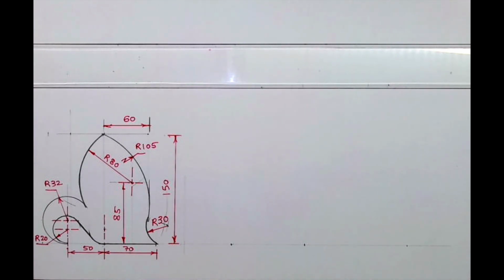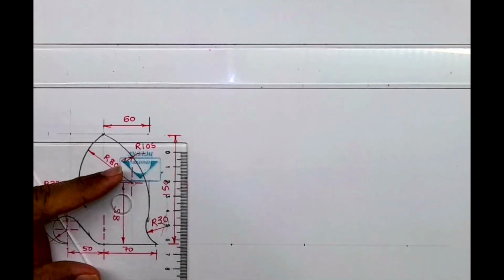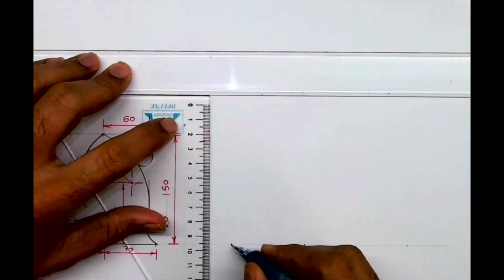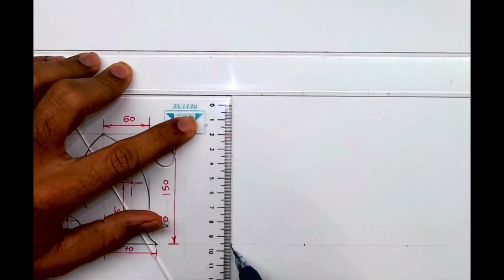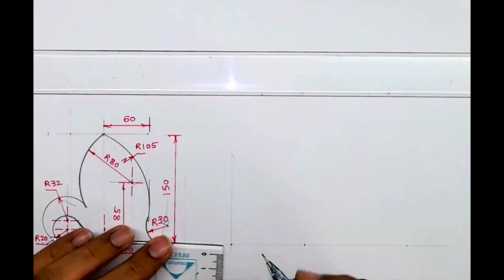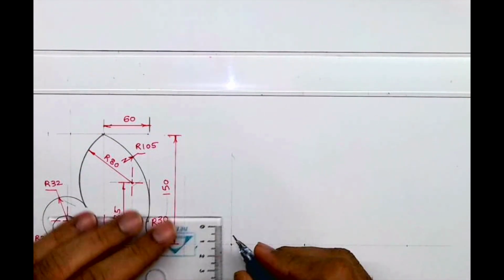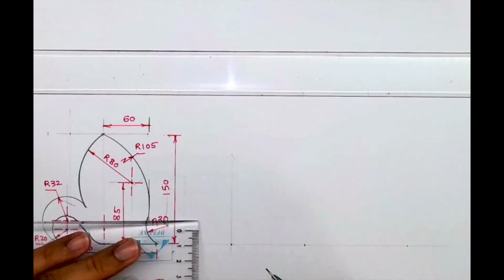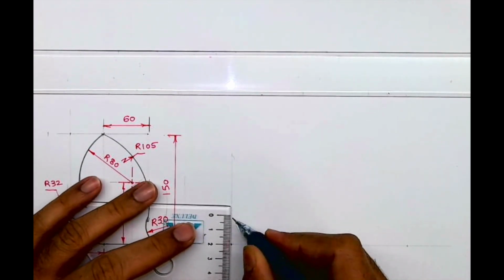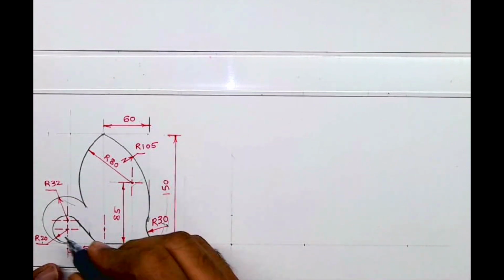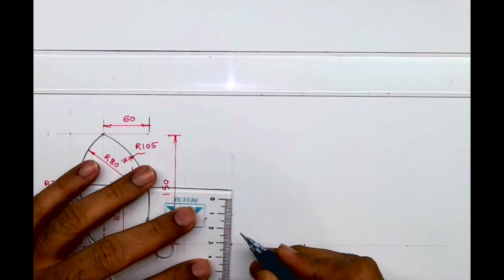Now first we'll start with the circle. So we'll mark radius 32 and radius 20. So I'll draw one vertical line. If you see, this is radius 20, so I will go up by 20 and 32.